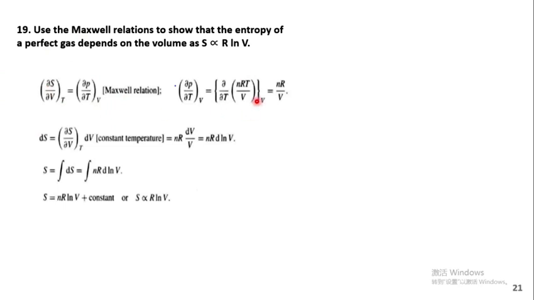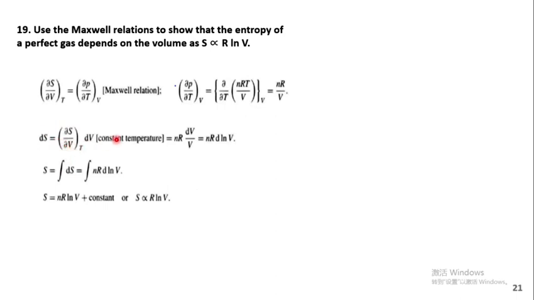This is because we use PV equals nRT, so we have P equals nRT over V. For this one, because V is constant, we differentiate with respect to T, so finally we have this one. After we have this one, we have this.